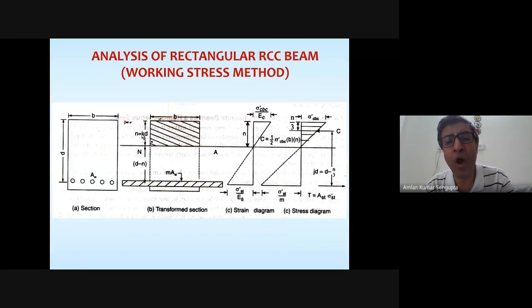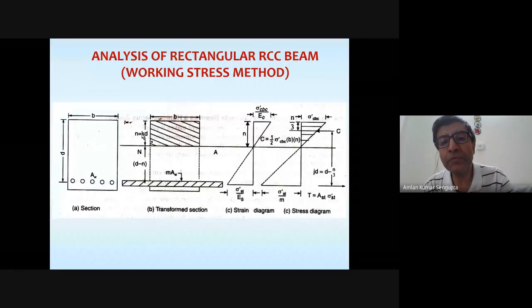The strain in the concrete in the vicinity of the steel is the same as the strain in the steel. Now from the strain diagram, we go to the stress diagram. While drawing the stress diagram, we invoke the principle of constitutive models. Under the working stress, both materials are considered to have linear stress versus strain.